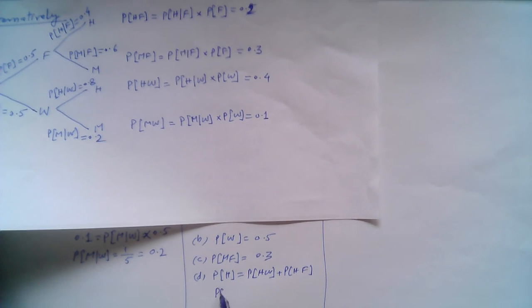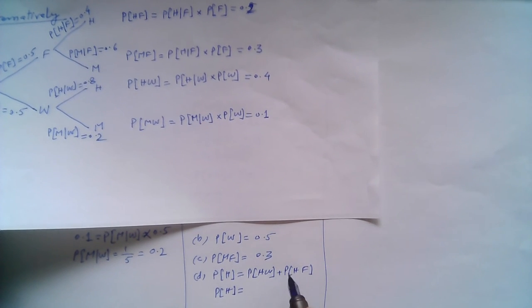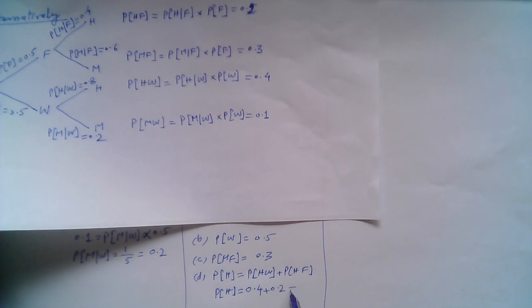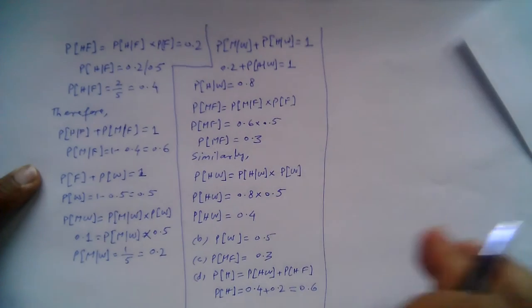So the probability of H is equal to the probability of HW, which is 0.4, plus this, which is 0.2, so this is 0.6. So this concludes our solution to the given problem.